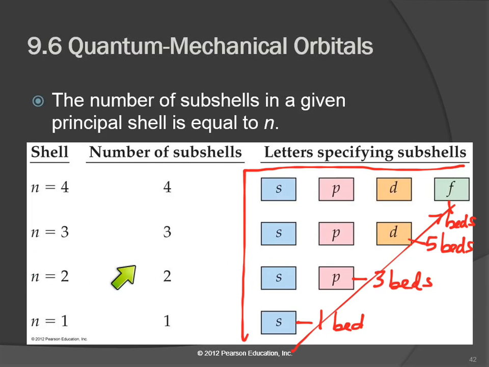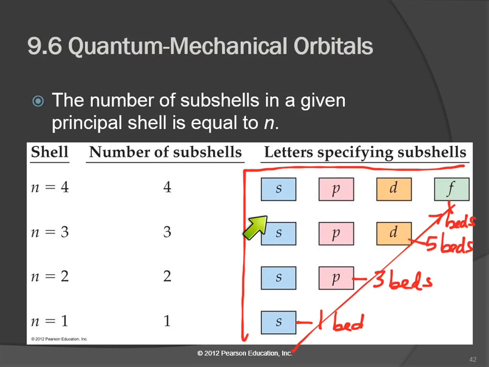The second level, the second floor, has 2 rooms. The S room has 1 bed. The P room, like they have the double room and the queen room and the suite, and they have different numbers of beds, right? So this is the P room, has 3 beds.